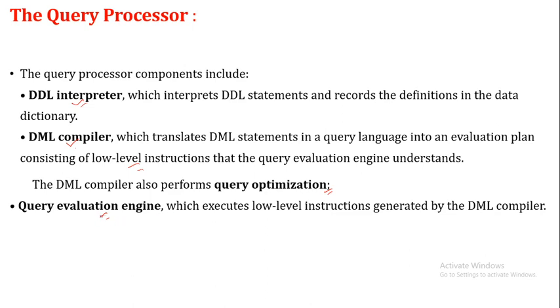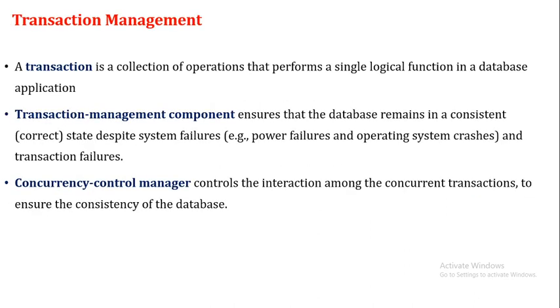Now we have a query evaluation engine which executes the low-level instructions generated by your DML compiler. This provides an interaction with the hardware and software. This is the responsibility of a query processor inside your database system.